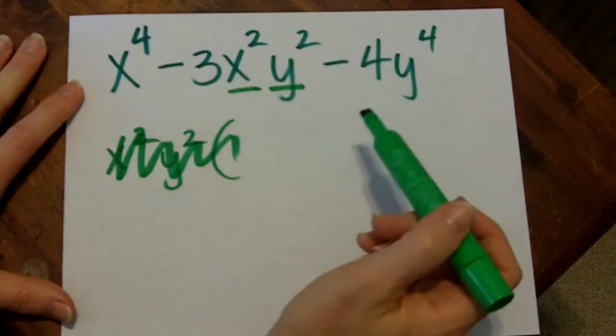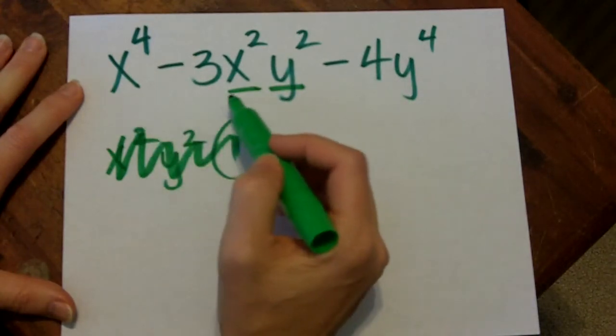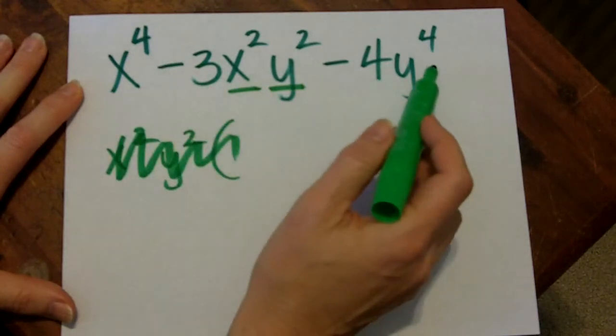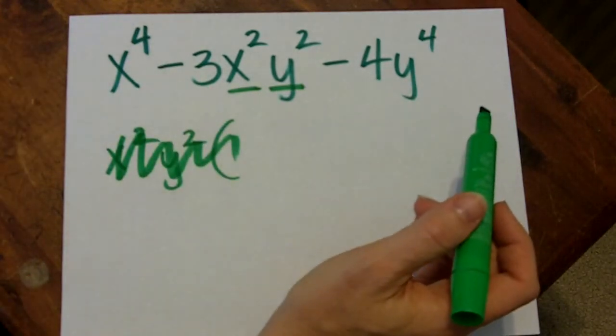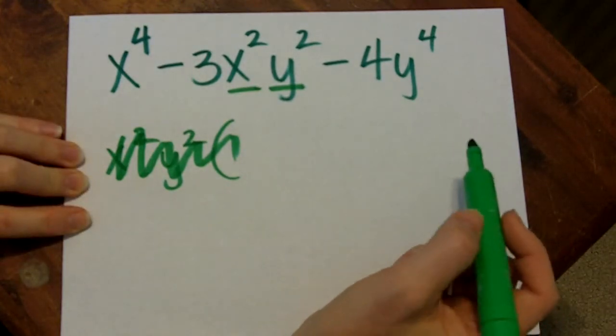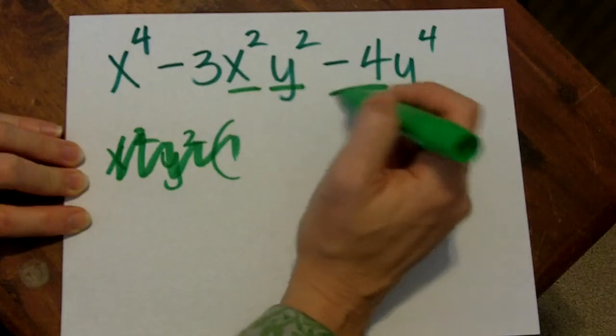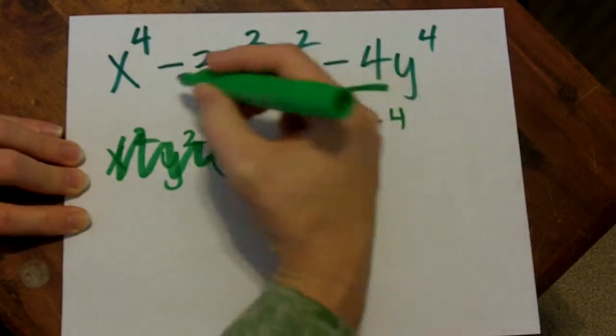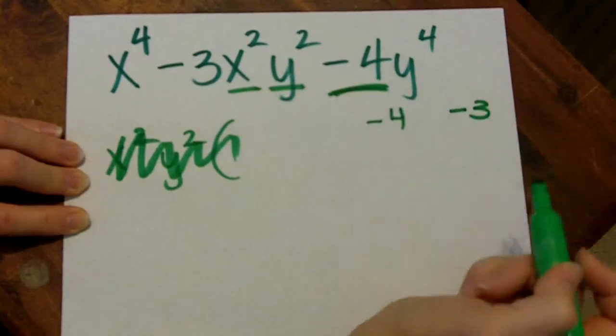We're going to try this a different way. We have x to the fourth minus 3x squared y squared minus y to the fourth. Just because we don't have any y's here and we don't have any x's here, we can't pull out a GCF. However, we can do our ABC method, or in this case, we can just look at it as a trinomial problem. We're looking for factors of negative 4 that are going to add up to negative 3.